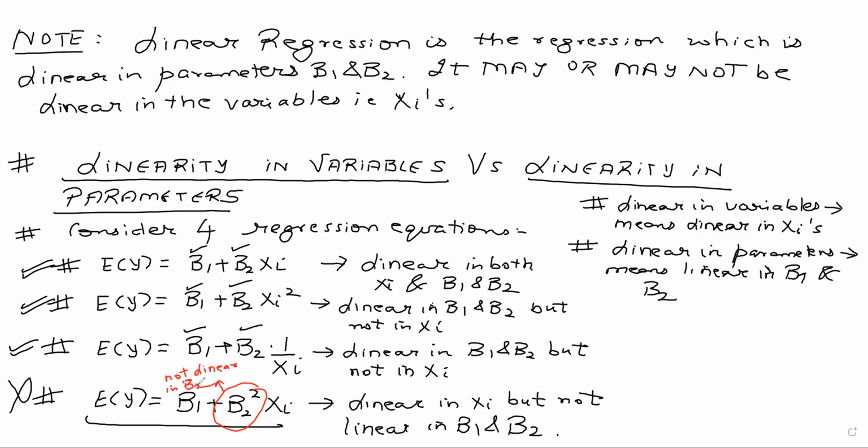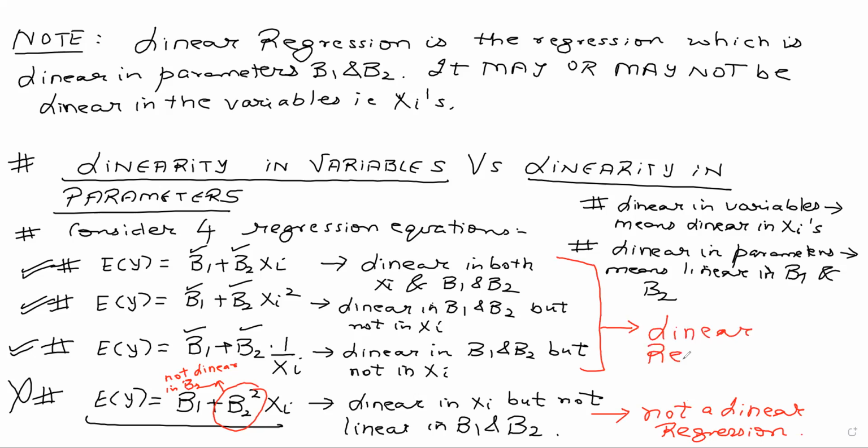That means the last regression equation is not a linear regression, because it is not linear in parameters. Forget about the xi. Whereas these three equations are linear regressions, because they are linear in parameters, forget about the xi's.